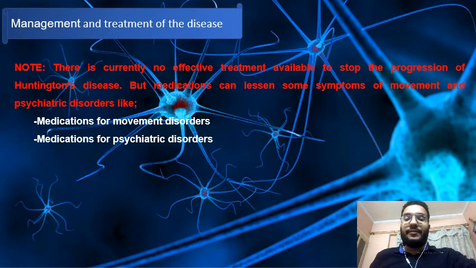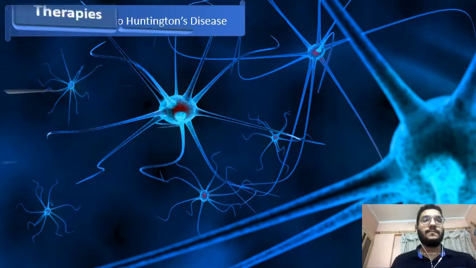Management and treatment of the disease. There is currently no effective treatment available to stop the progression of Huntington disease, but medications can decrease some symptoms of movement and psychiatric disorder, like medications for movement disorder and medications for psychiatric disorders.